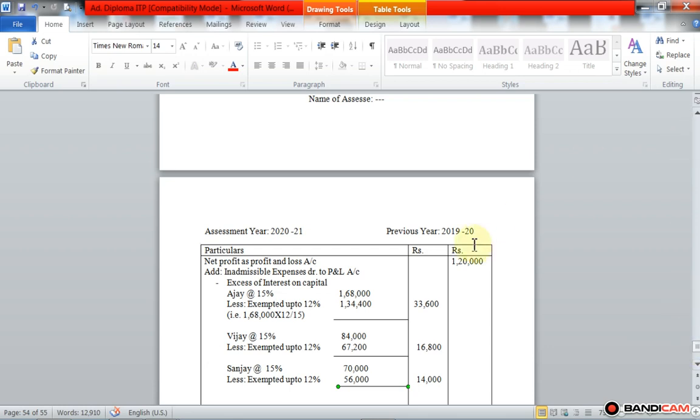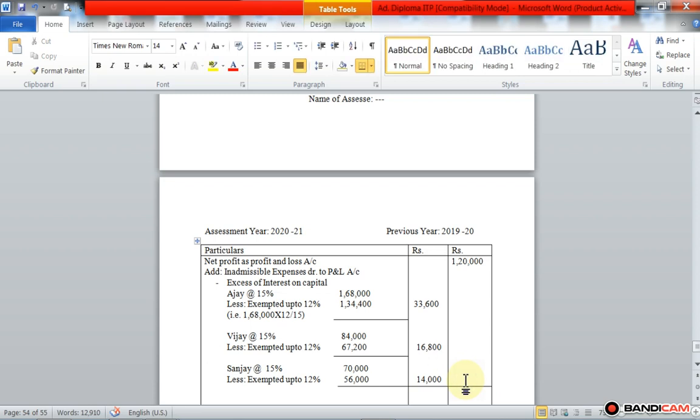The total is 33,600 plus 16,800 plus 14,000, so the total is 64,400.